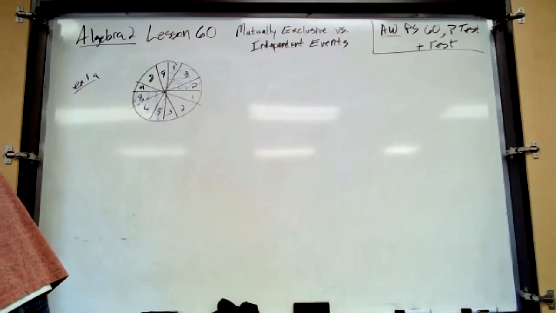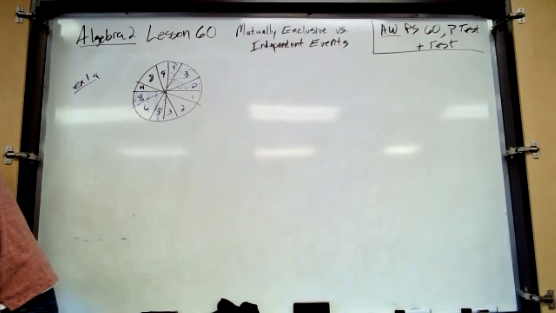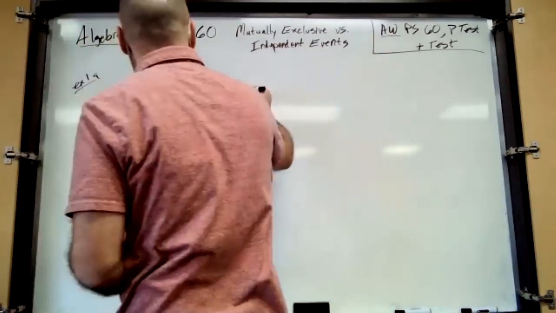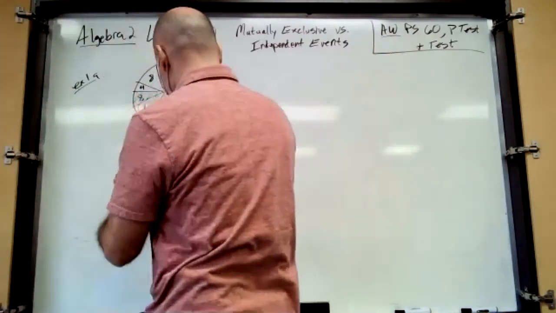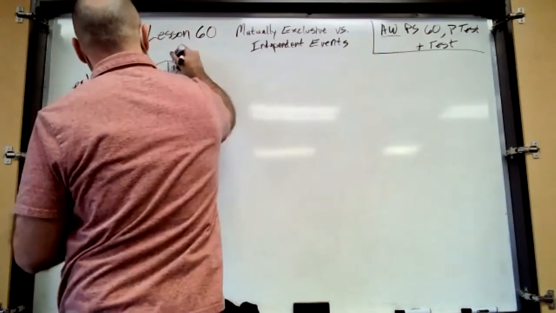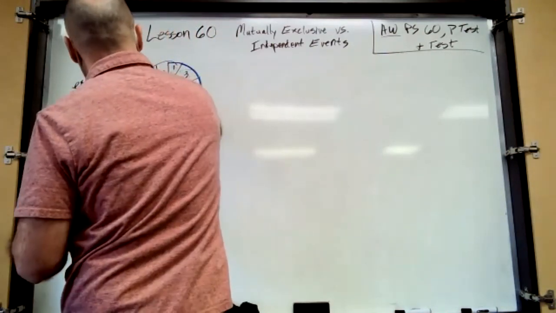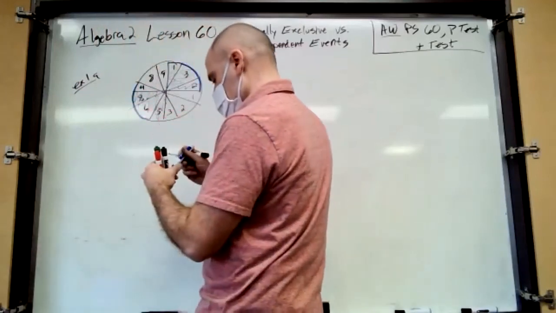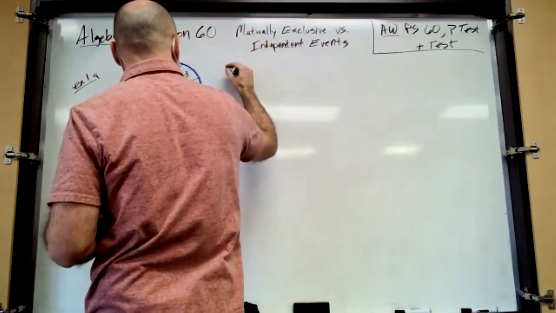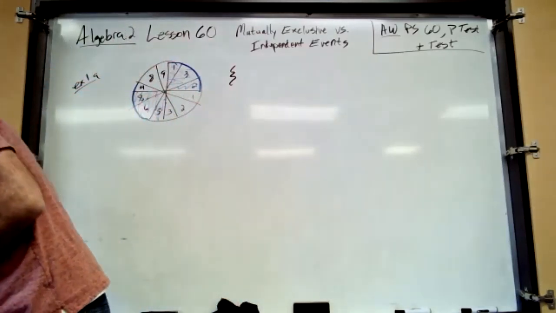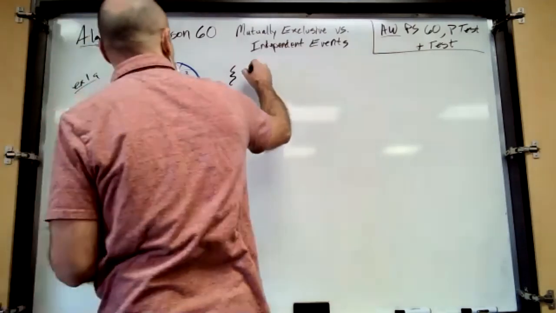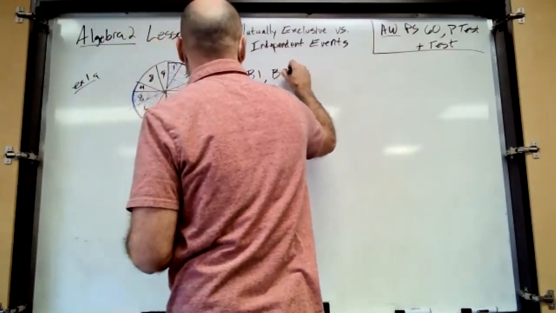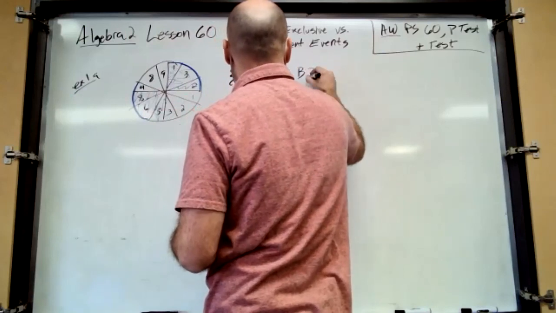So when spinning the number wheel to the right, what are the possible outcomes of this? There's blue and then there's white. So these are blue and these are white. So what are the possible outcomes of doing this? B1, B2, B3.